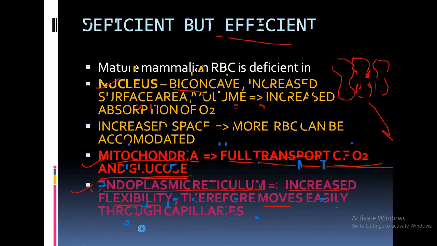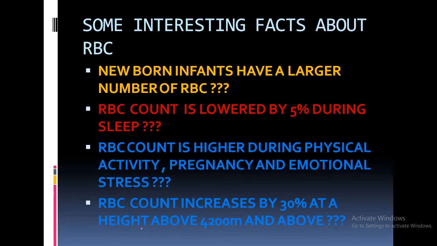Now some interesting facts about RBC. We know that newborn infants have a larger number of RBC. Why? When a child is an infant, you must have observed that the rate of growth is very fast. And when the rate of growth is very fast, the rate of cell division is also high.